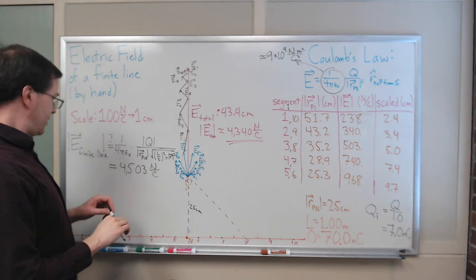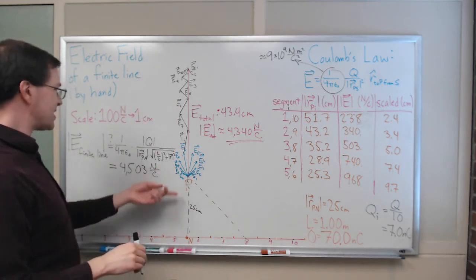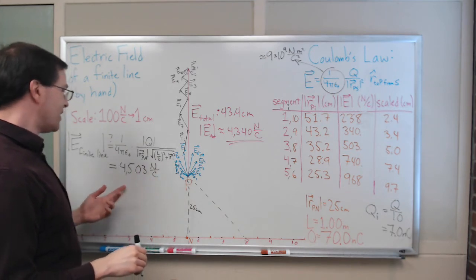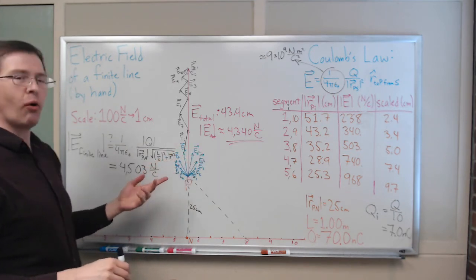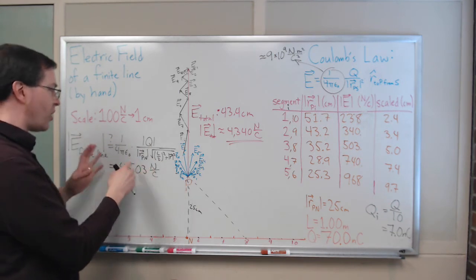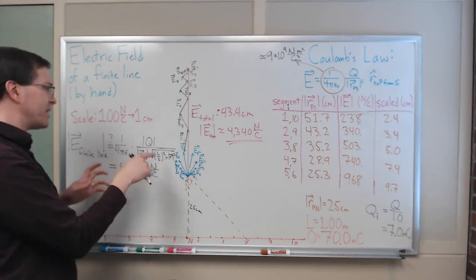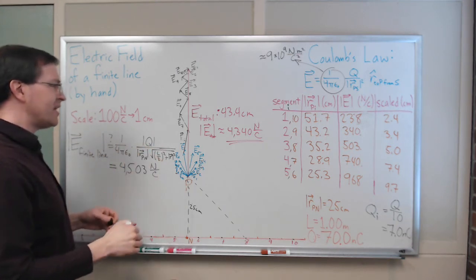So honestly, given that I did all this by eye and was just measuring things, this is surprisingly not bad for having just drawn things on the board. Now, this is for a finite line. Double check that formula, but for a finite line, it's something like that.